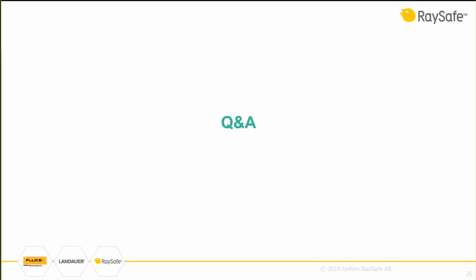At the launch and at this very moment, RaySafe and Fluke Biomedical are the ones that can calibrate and adjust the 452, and we'll investigate further when or how we will approach that you can do it in the field. Okay. You mentioned in-beam measurements. Can the 452 be used for taking in-beam measurements for HVL?